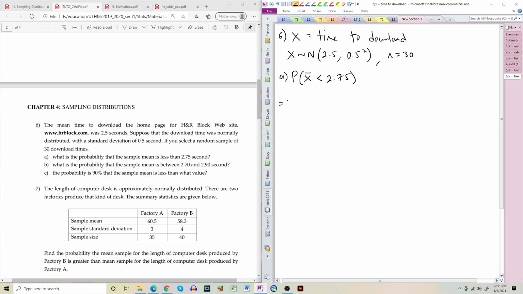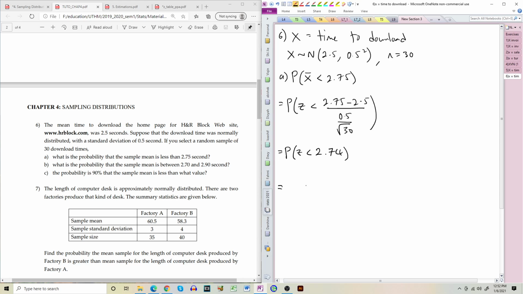So let us do this. Okay, we end up here. Let us do some computation. 2.74.